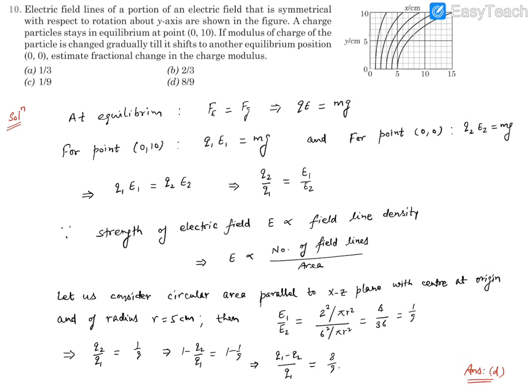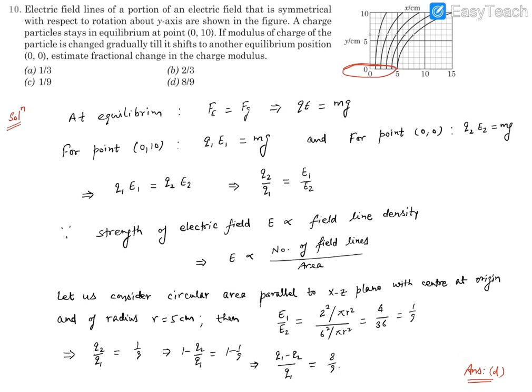Now the electric field strength is directly proportional to the field line density, that means the number of field lines per unit area. Let's consider an area in 3 dimensions with a radius equal to 5; we can take any radius, or even a smaller one. So we are considering a circle of radius 5 at the origin, lying in the zx plane.